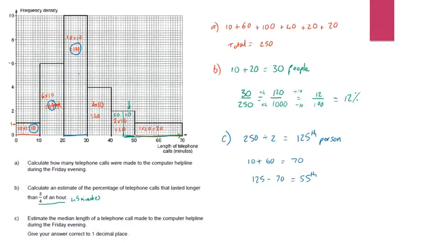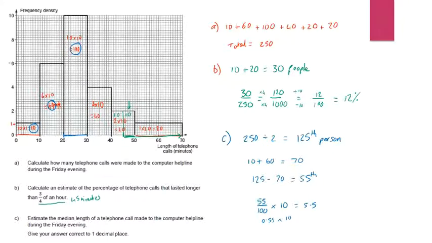There are 2 ways of going about this. That is to say it's the 55th person out of the 100 people in there, and we can multiply that by the width of the bar, which is 10. So that's 0.55 times 10, which is 5.5.